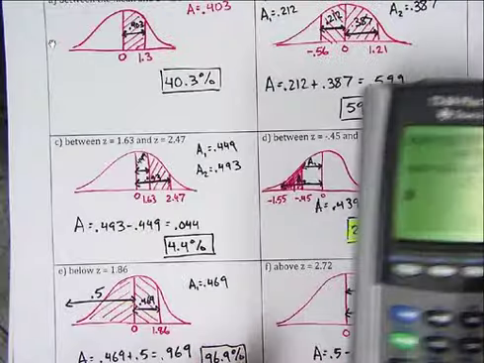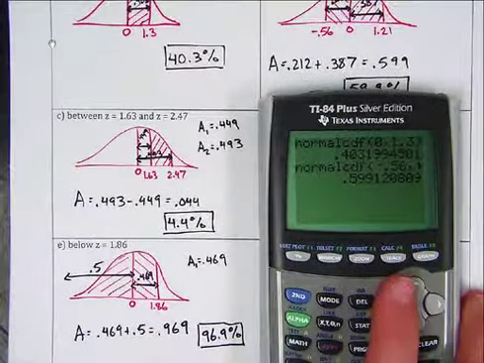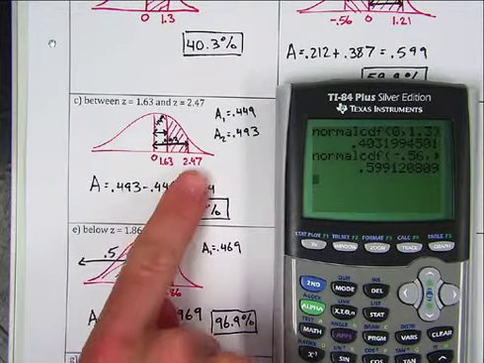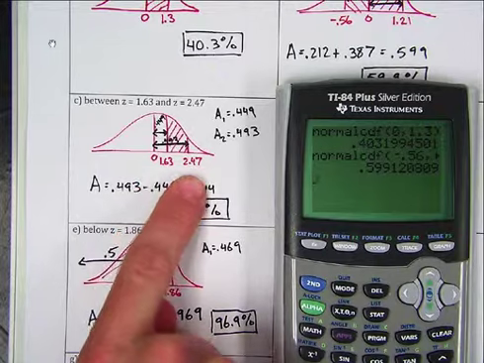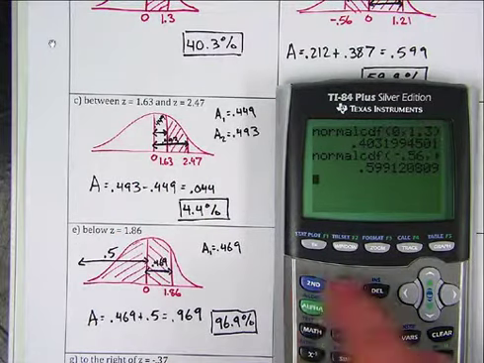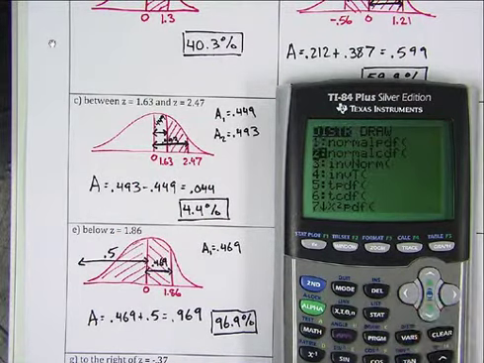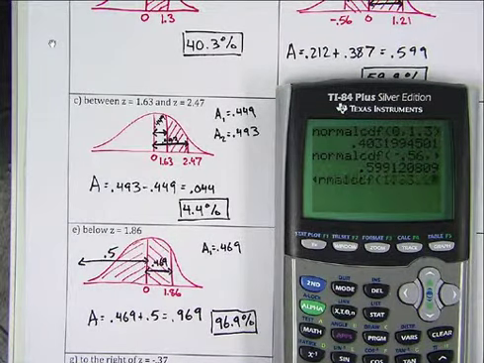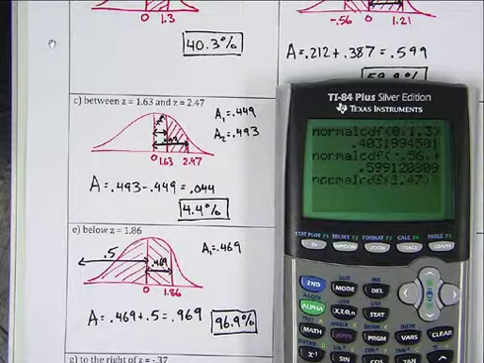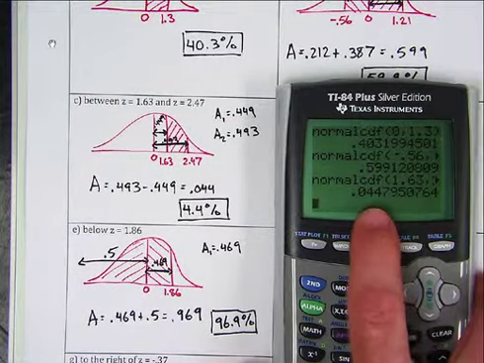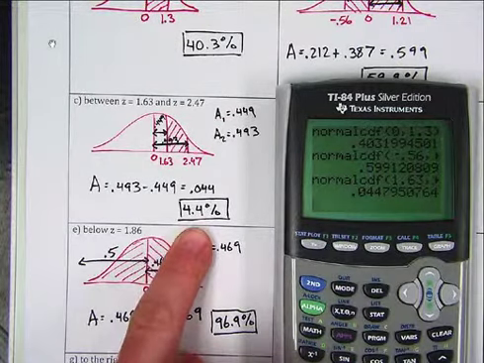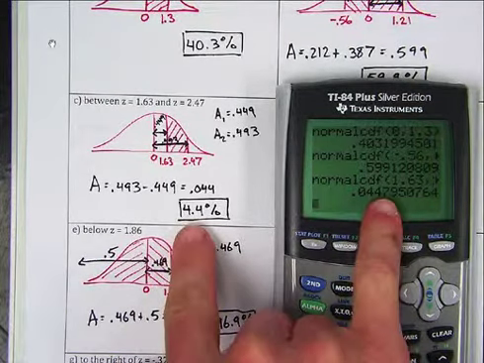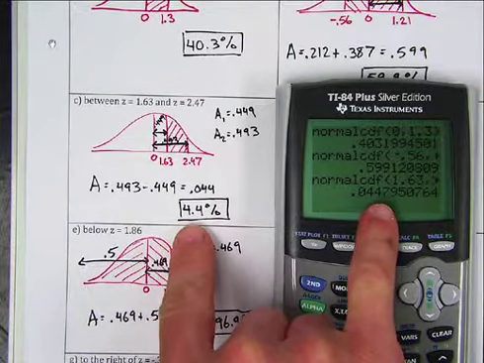Okay, let's check another one. Now here, we're going between 1.63 and 2.47. So second DISTR, normal CDF, 1.63, comma, 2.47. Gives us 0.044, and there's our 4.4%. Notice the rounding might be off a little bit. We could write 4.5%.